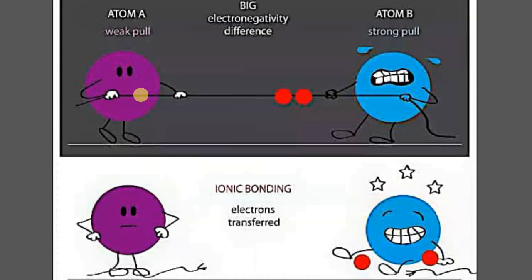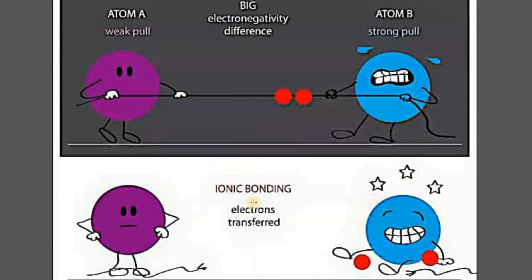This kind of bond, where electrons are shared, is called a covalent bond. Why is it called a covalent bond? Because the valence electrons of both the atoms involved in the bond formation are taken up, and that is why it is called a covalent bond.